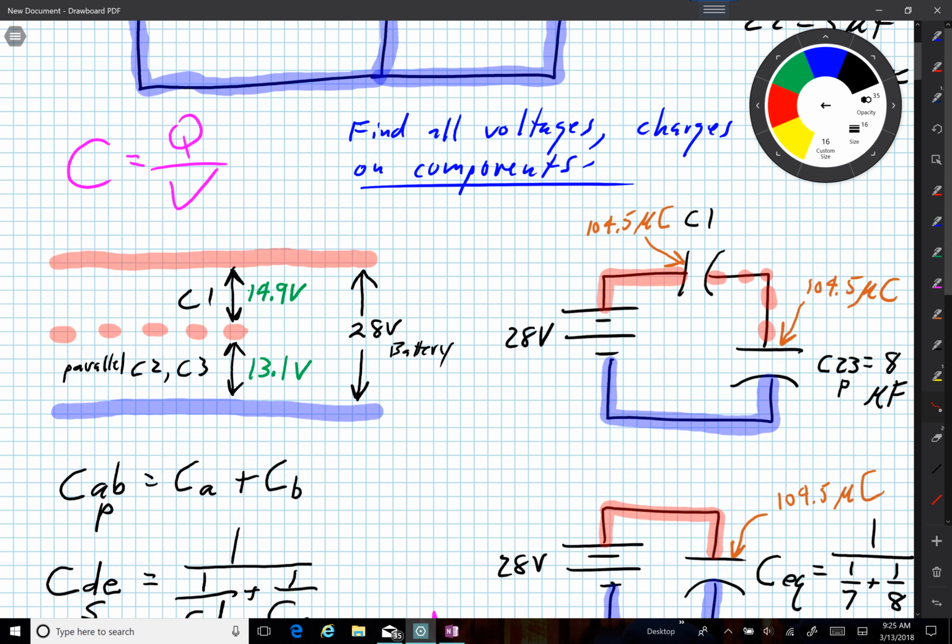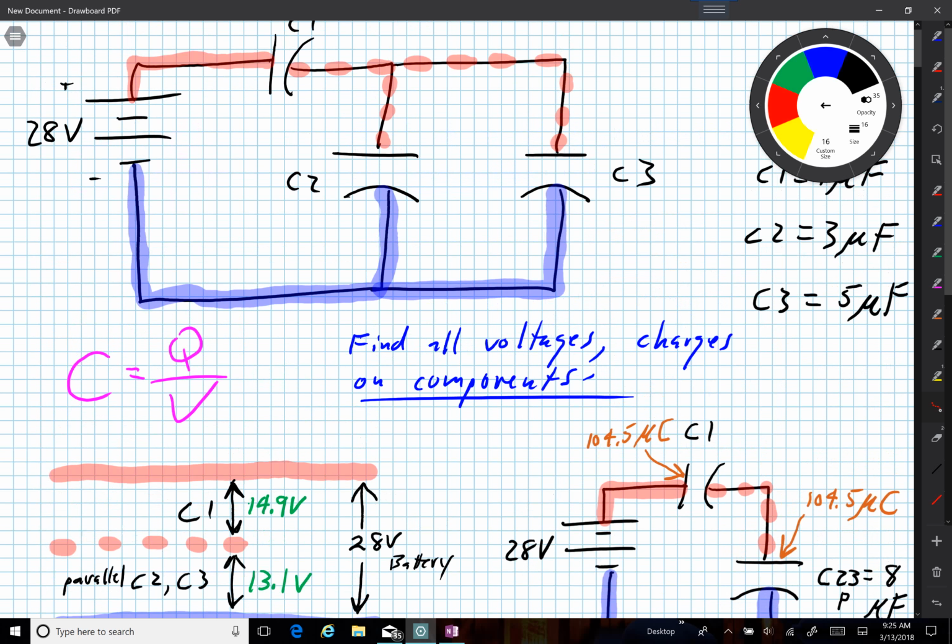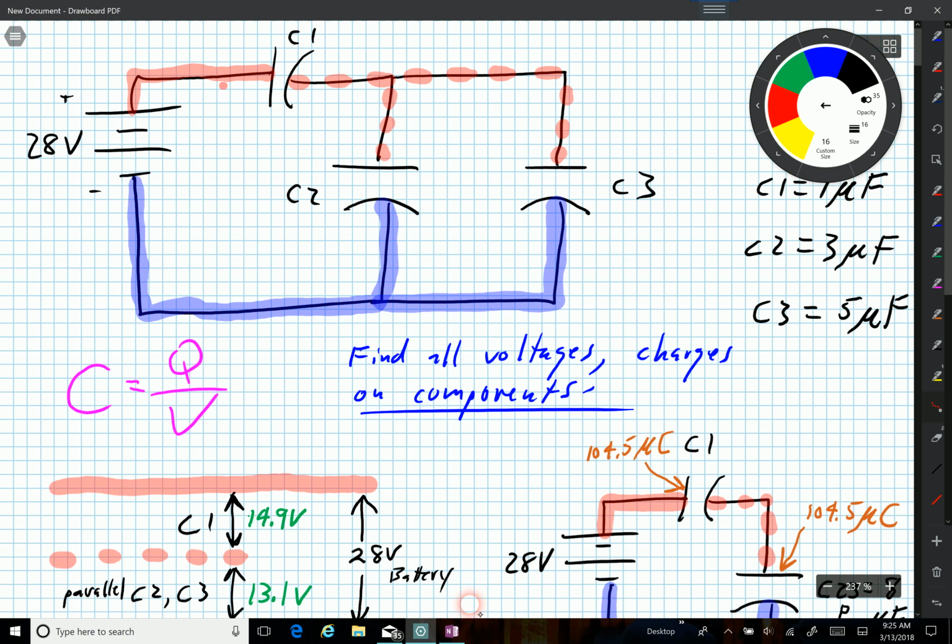So now I know all the voltages. Okay. I know from here to here is 14.9 volts. I know from here to here on my original diagram is 13.1 volts, and I know that from here to here is 13.1 volts also, because both of these jumps have the same color combination across them.